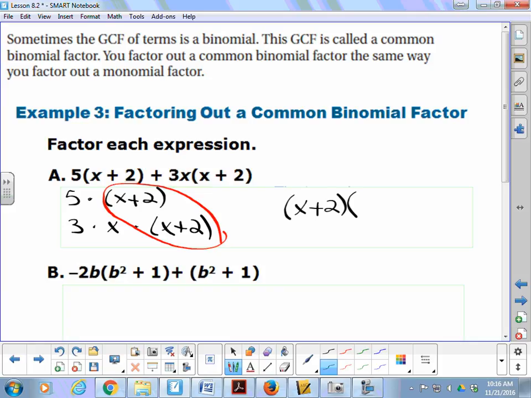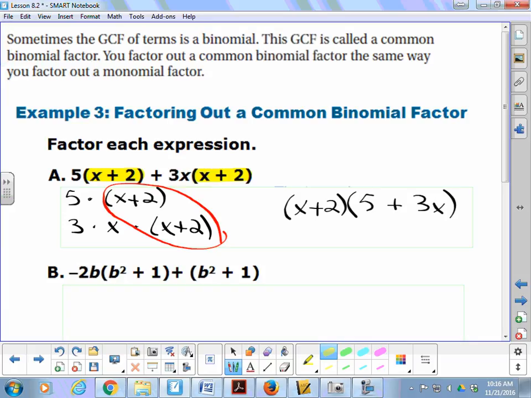And then you write what we have left: 5 plus 3x. So using the greatest common factor here, in this case the greatest common factor is this whole expression. It's a binomial.